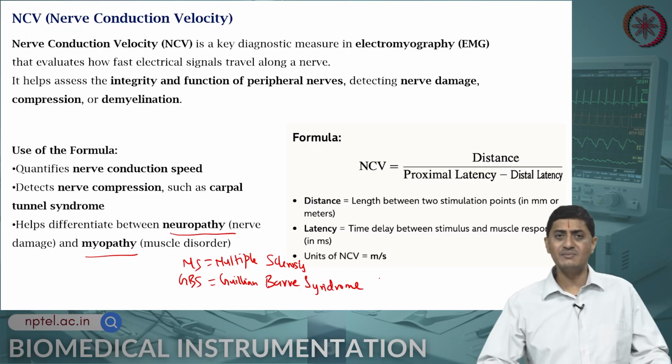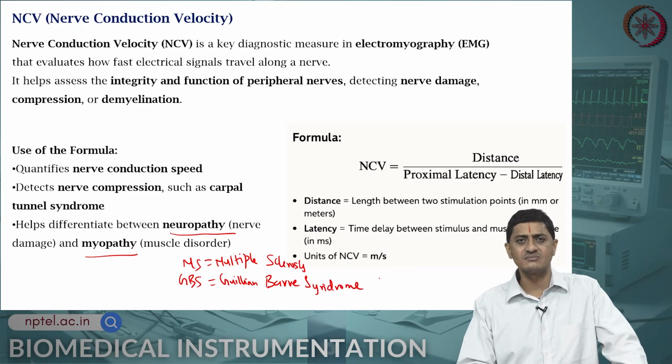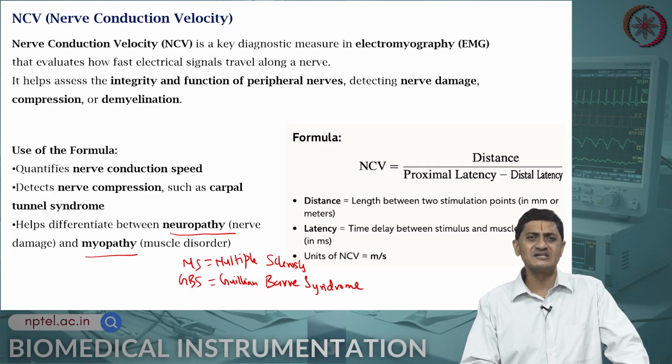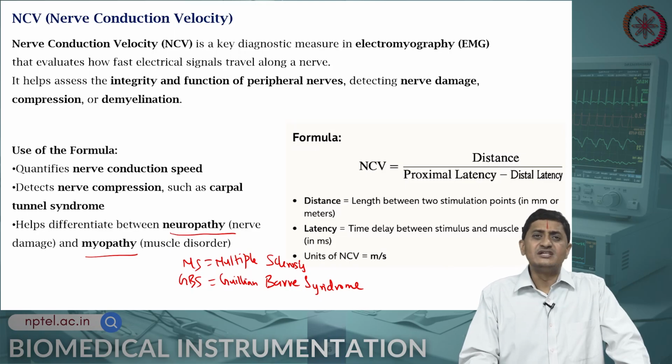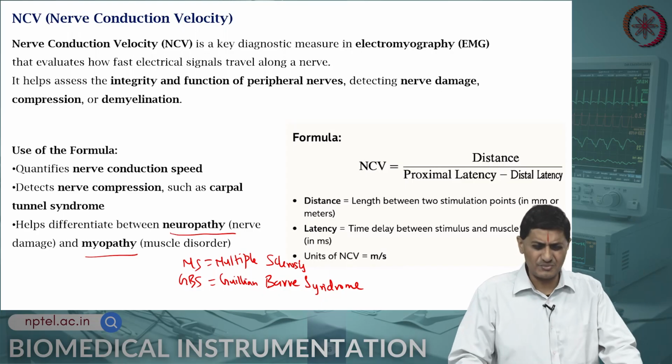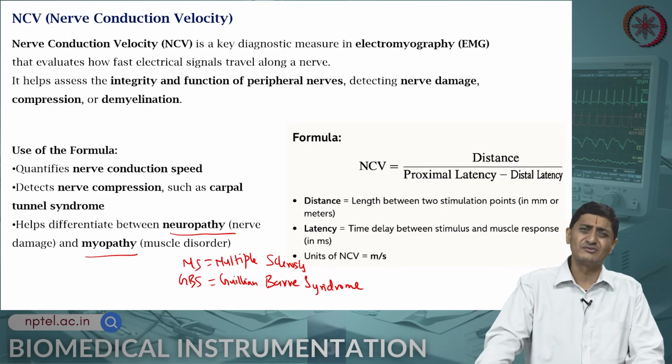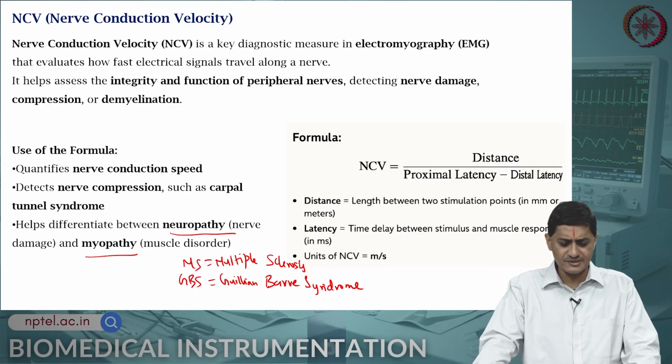One is a demyelination disorder of the central nervous system, the other is a demyelination disorder of the peripheral nervous system. Do check the difference between the two. In my other course on neuroscience of human movement, I have dedicated one video each for each of these topics. It is a long, huge topic of neurophysiology and pathophysiology beyond the scope of this course.